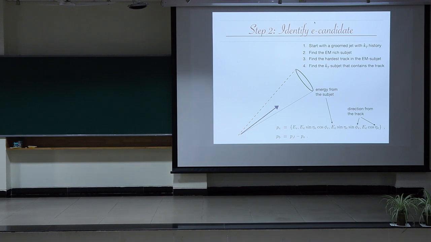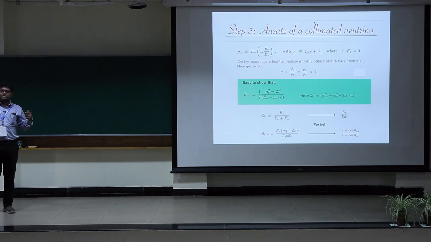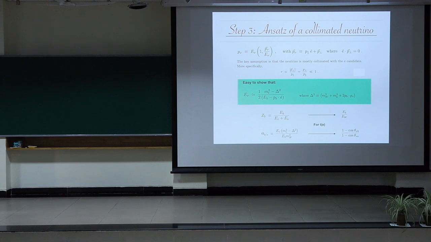Okay. Now that's not sufficient. You have to do something more, and here comes the answer: whatever energy configurations I have, there exists a massless 4-vector which, when added to the electron, gives me a W, and which, added to the B and the E, gives me a top, right? And the condition, because of collinearity, is that the massless 4-vector has to lie within the jet.